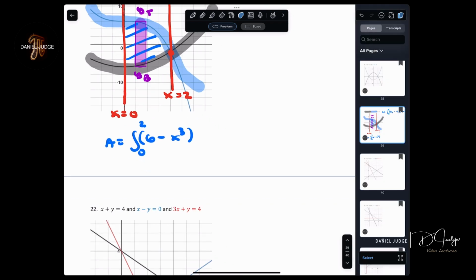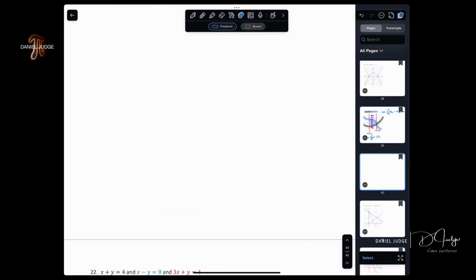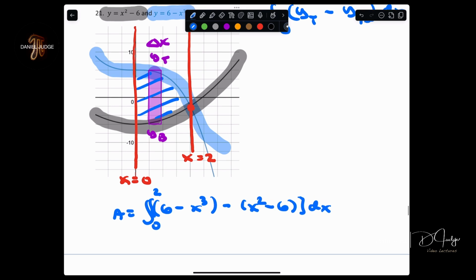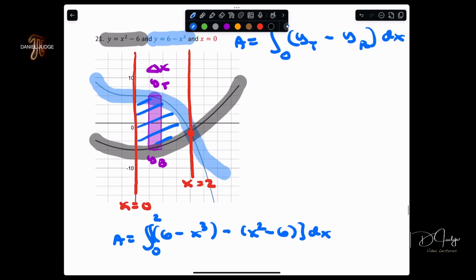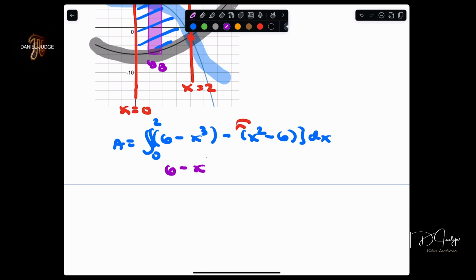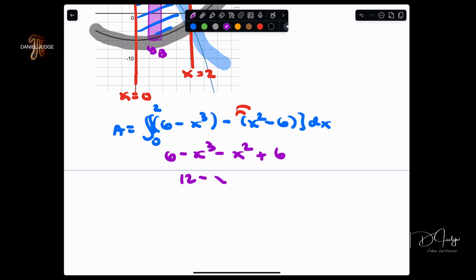Let's get some paper here. Let's double check. 6 minus x cubed minus x squared minus 6. Got some algebra to do. Six minus x cubed minus x squared plus 6 will give us 12 minus x cubed minus x squared. We got the algebra now.